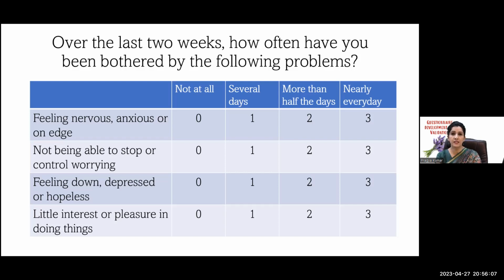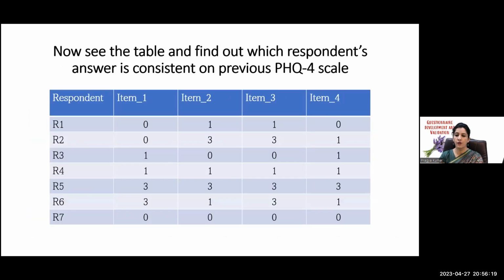The questions are: feeling nervous, anxious or on edge; not being able to stop or control worrying; feeling down, depressed or hopeless; or little interest or pleasure in doing things. So there are 7 respondents. Now see the table and find out which respondent's answers are consistent on this PHQ-4 scale.